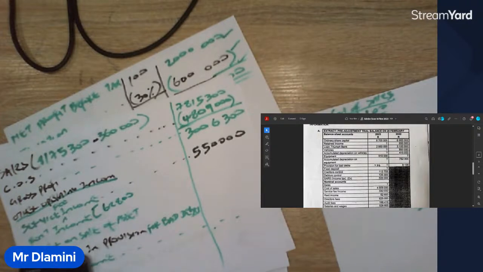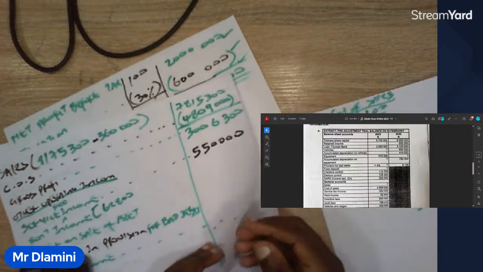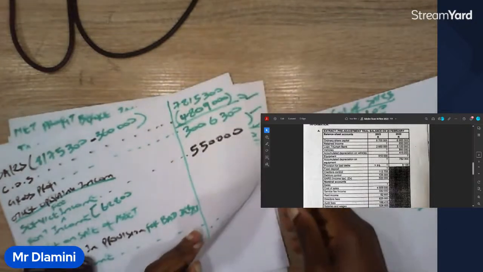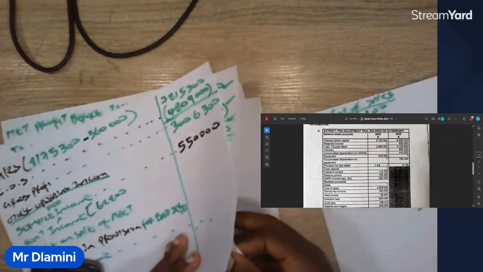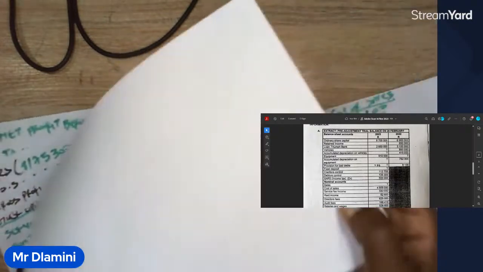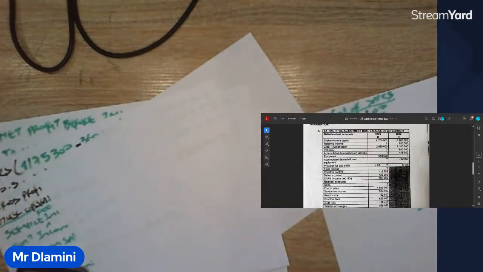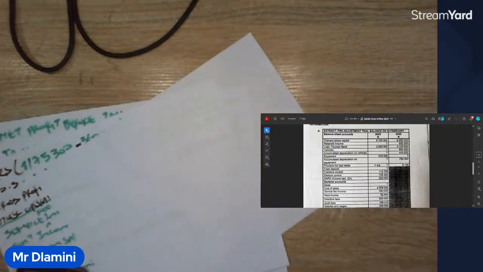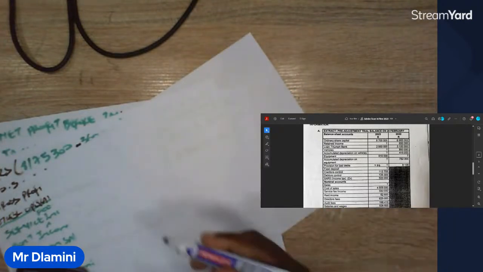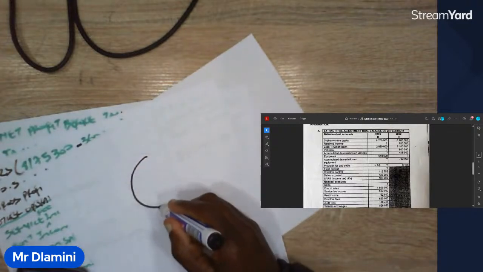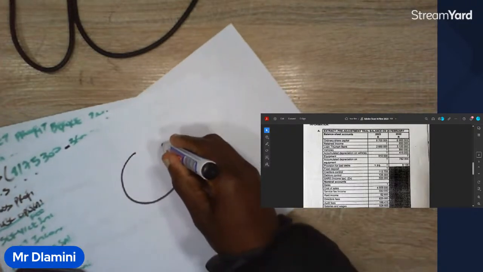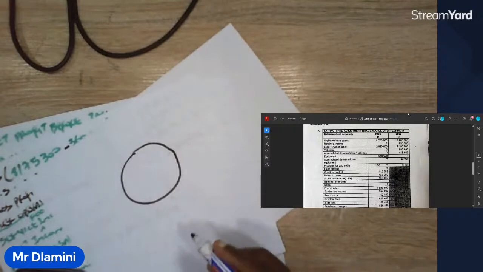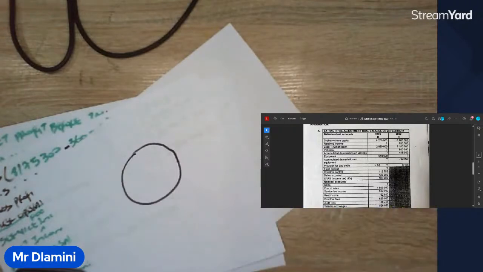So now let's calculate again. Other learners from other schools use the straight line, others they use the circle. It depends which one you are used to, but the most important thing in grade 12 is that we calculate. So we can use the circle. Others use a straight line to calculate the months.